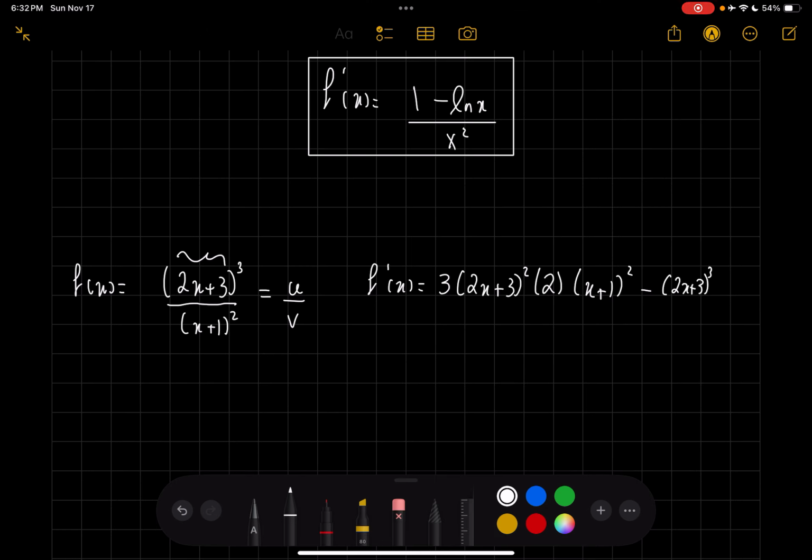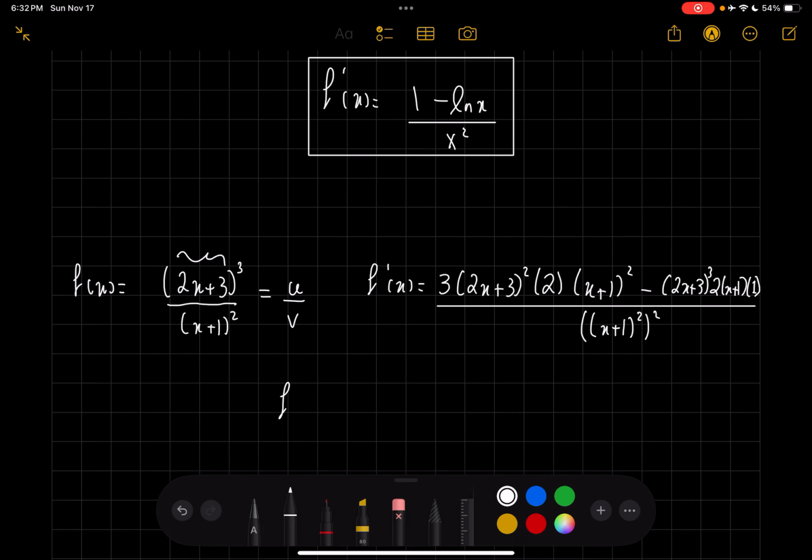And v prime is going to be 2 times x plus 1 multiplied by whatever the derivative inside, which is over here basically equal to 1 as well. All of this is going to be divided by v to the power of 2. So x plus 1 to the power of 2, all of it to the power of 2.